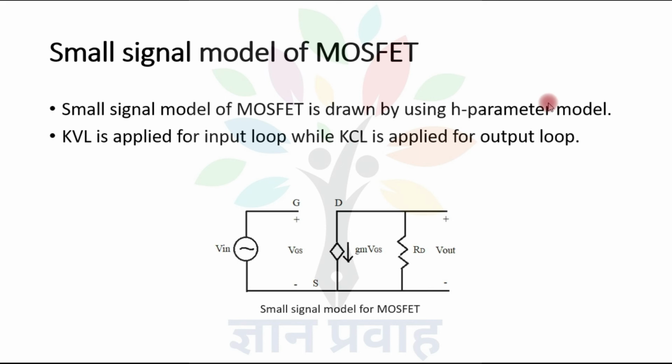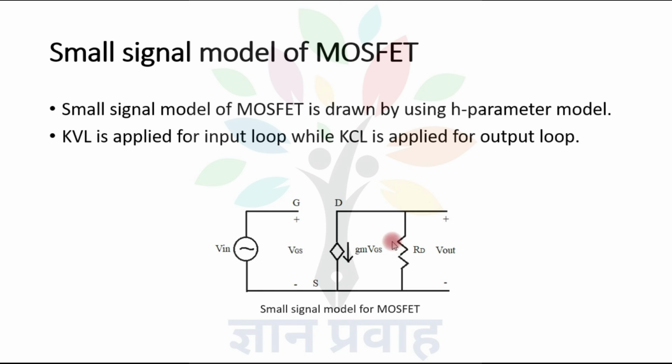In the last slide we showed the single stage amplifier circuit, and the small signal model for this circuit is drawn here. The small change in drain current is the summation of gm VGS plus 1 upon rd VDS, as we gave the expression in the last slides.